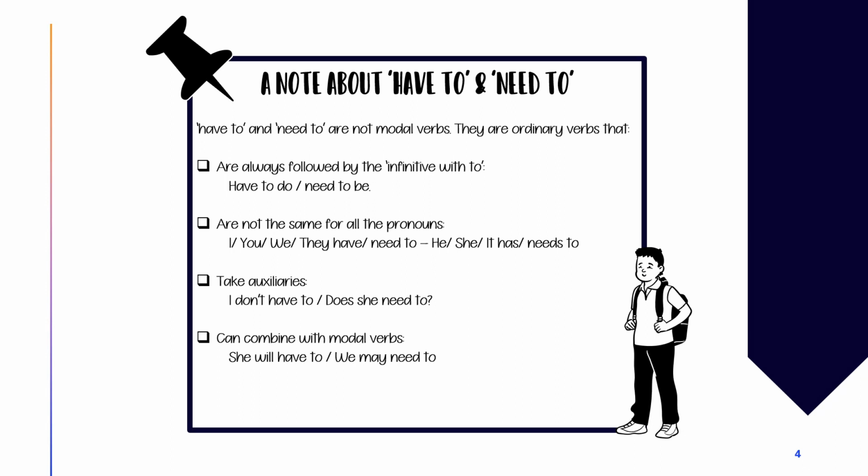Second, they are not the same for all the pronouns: I, you, we, they have or need to, and he, she, it has or needs to. They take auxiliaries: I don't have to, does she need to? They can combine with modal verbs: she will have to, we may need to.